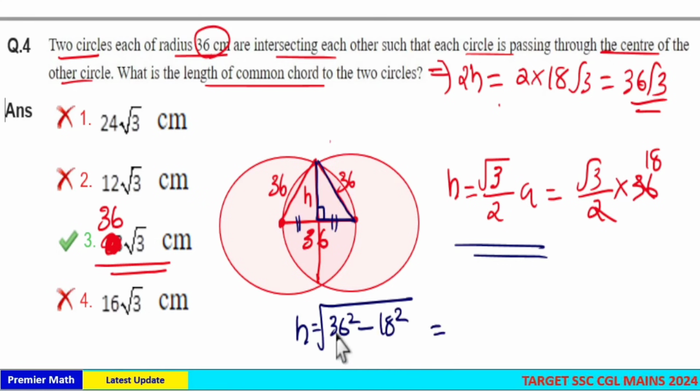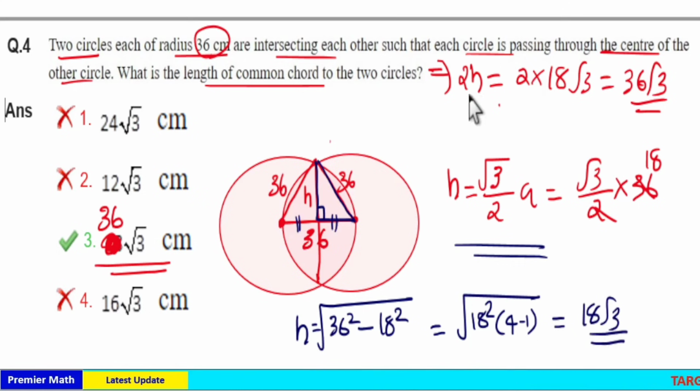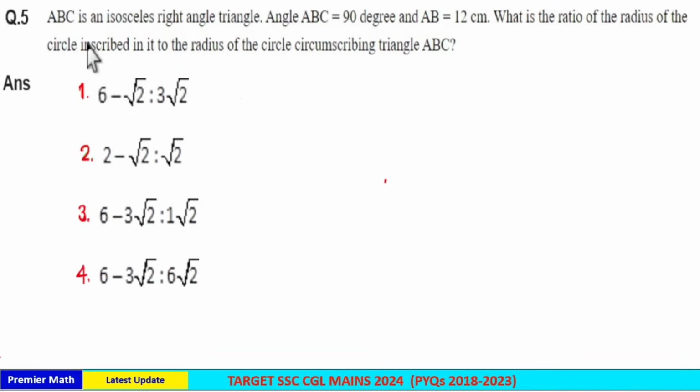Now if you take 18 square common, which is equal to 18 square into remaining 2 square minus 1 square, which is 4 minus 1, 3. So root of 18 square into 3 is equal to 18 root 3. So h is equal to 18 root 3, means 2h is equal to 36 root 3.